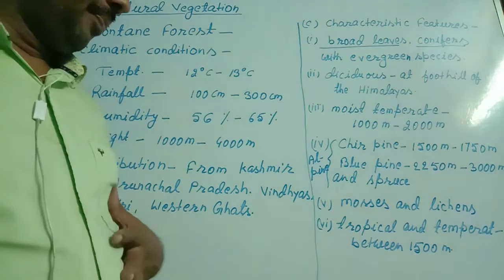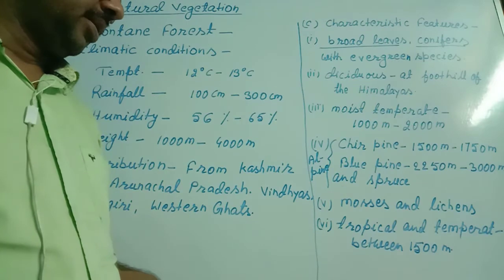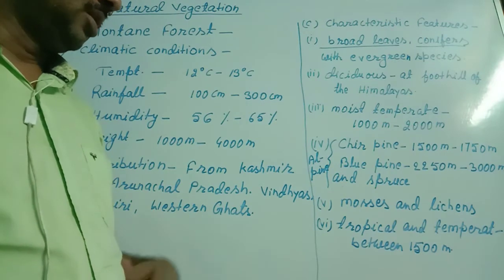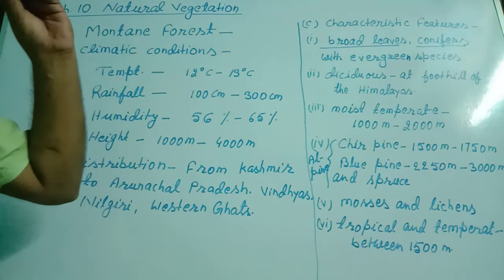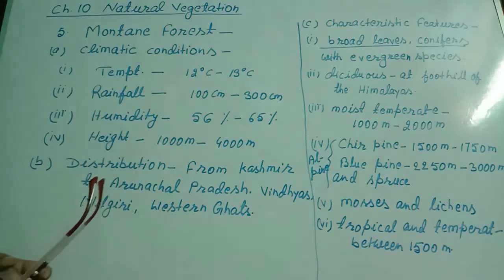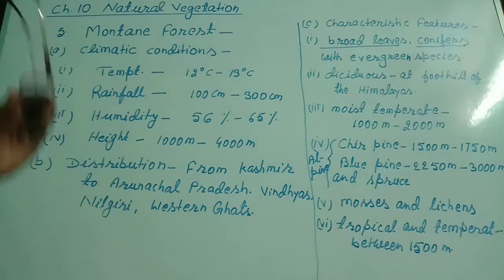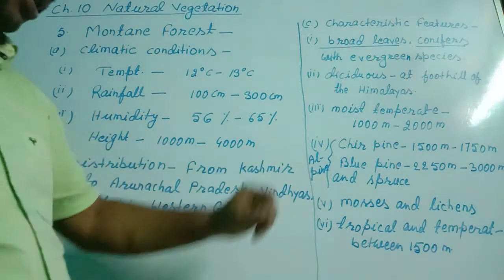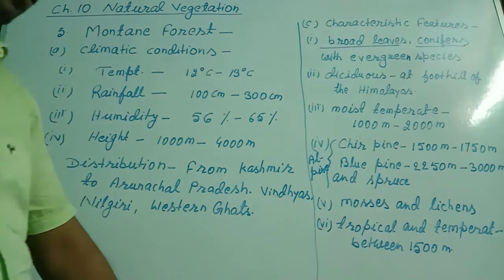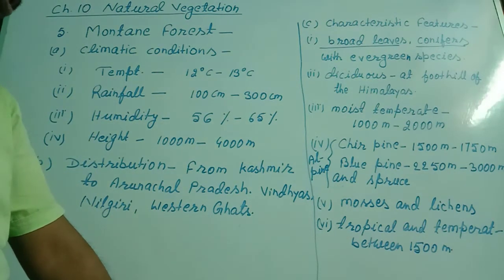On the basis of height, at altitude, these vegetations are called alpine. Again, this alpine is classified on the basis of height.